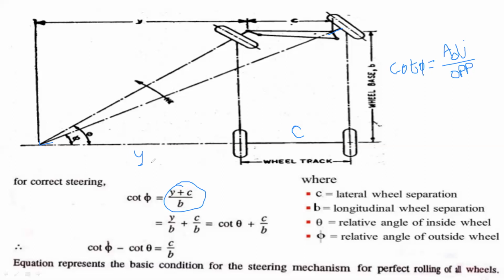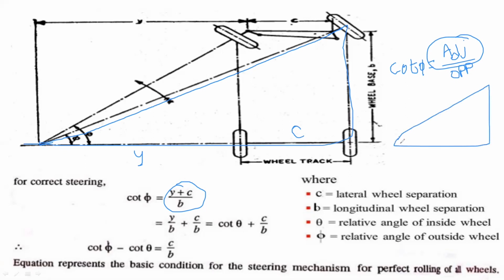You can observe the formula: adjacent side by hypotenuse. The adjacent side is taken as y plus c. We can calculate in this the angle phi.